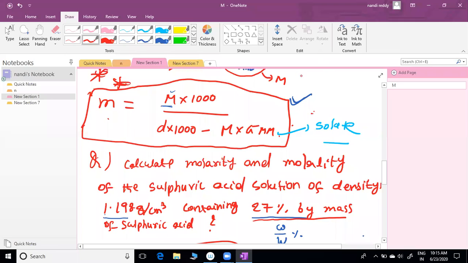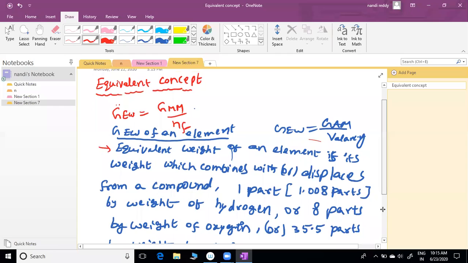Now we are going to discuss the next chapter. I think that is already given. Equivalent weight concept. Okay. Yesterday you noted down the definition. I think up to this you noted down the definition. Next concept, equivalent concept.